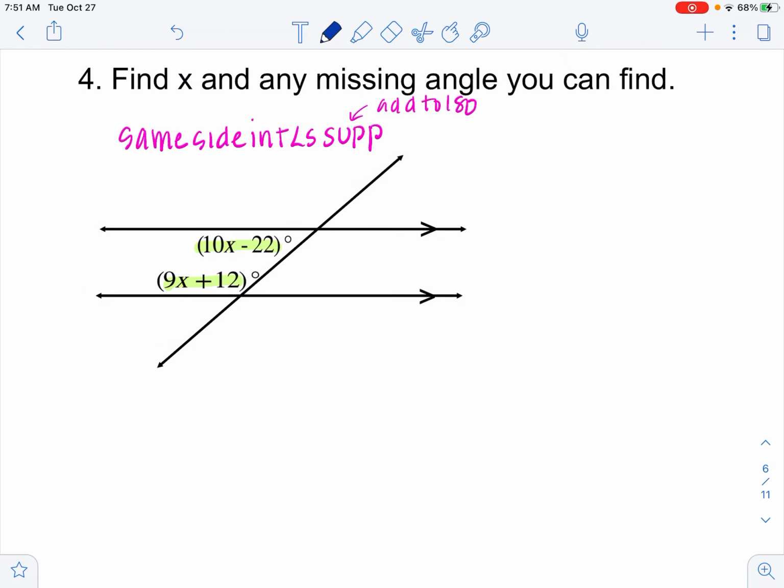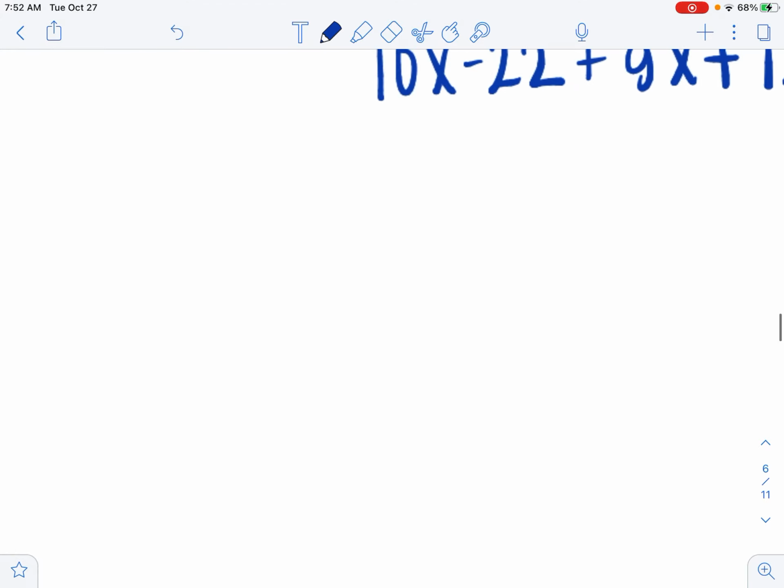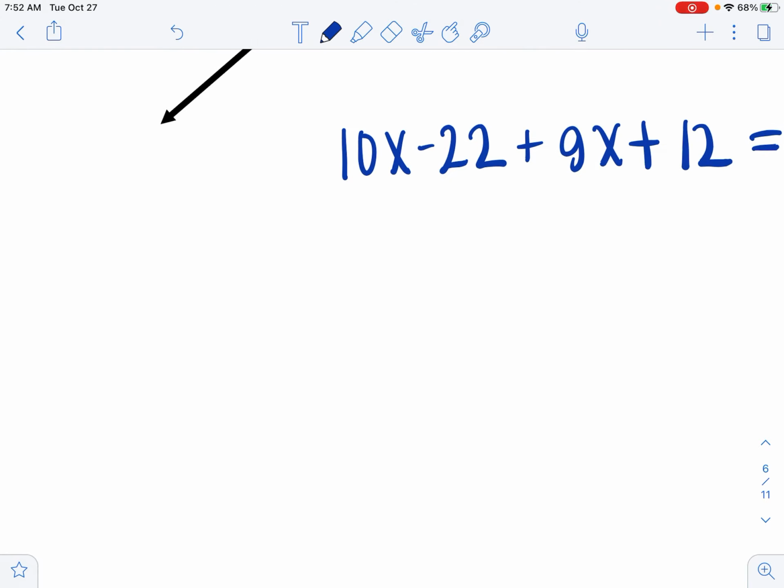So let's go ahead and solve for x. So we're going to do 10x minus 22. And remember, they're not equal. They add to 180 degrees. All right, this time, if you look on your left-hand side, there are like terms that I can combine. 10x and 9x is 19x.